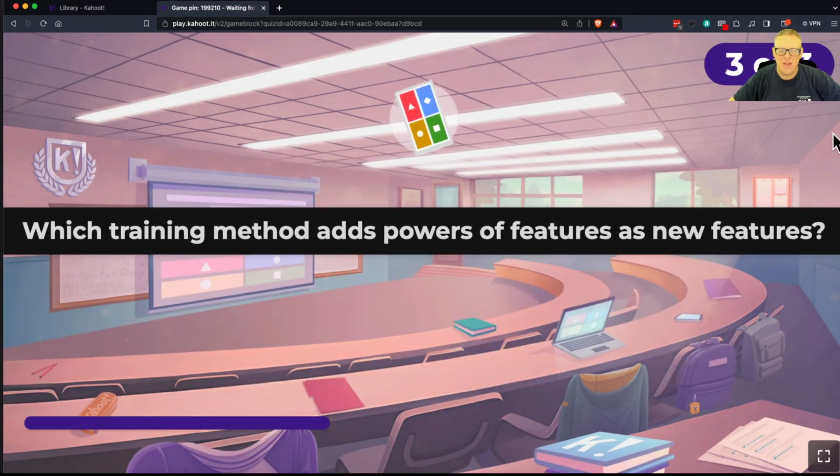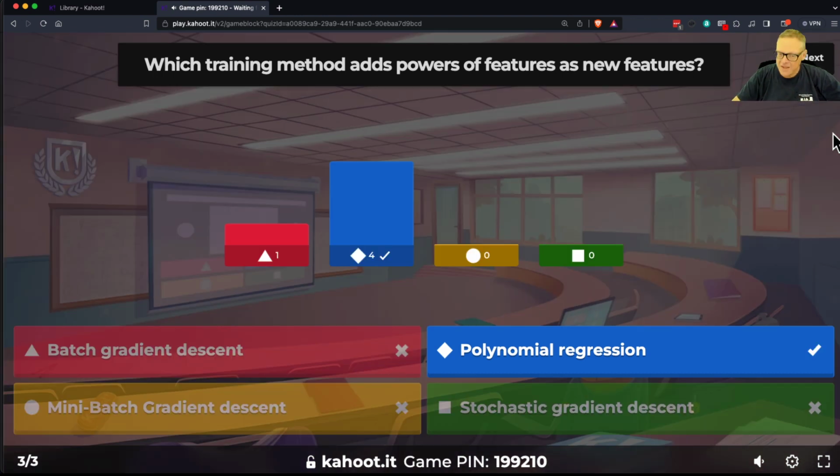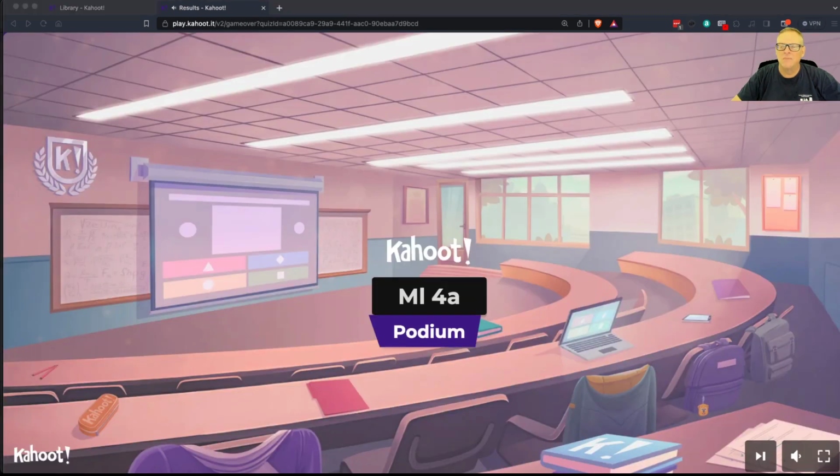All right, what training method adds powers of features as new features? That's polynomial regression.